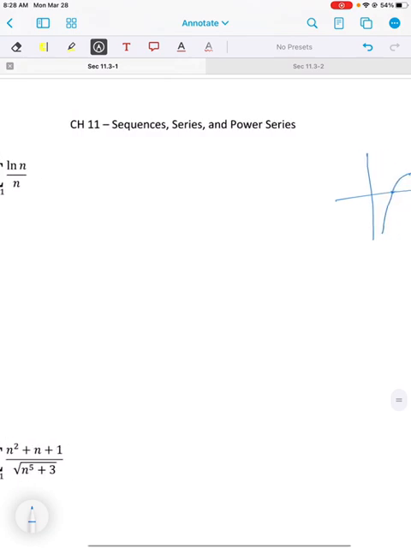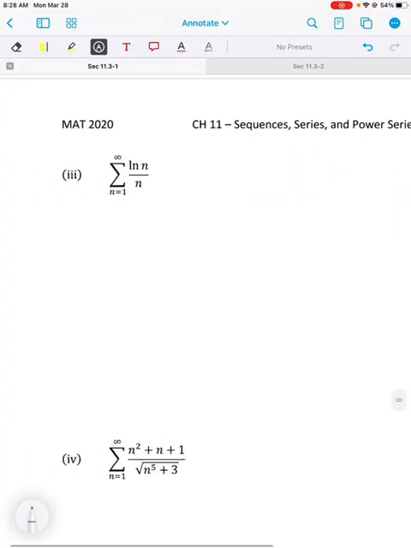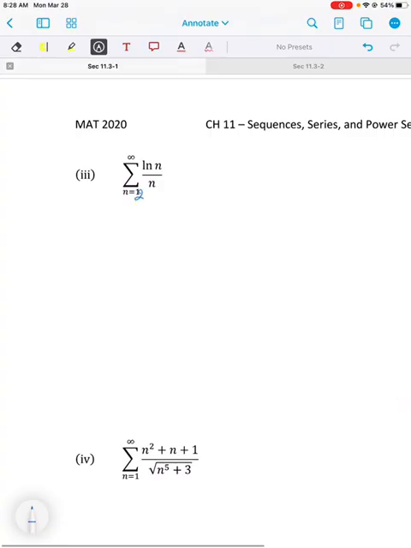This is actually not decreasing from 1, because at 1 you will be here, but it's decreasing from n equals 2, so this should have been a 2 here. Then it makes sense.